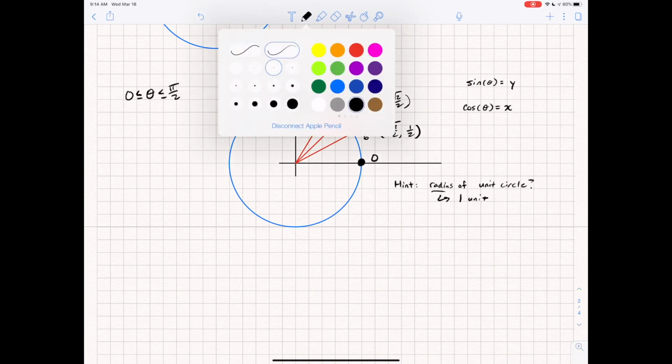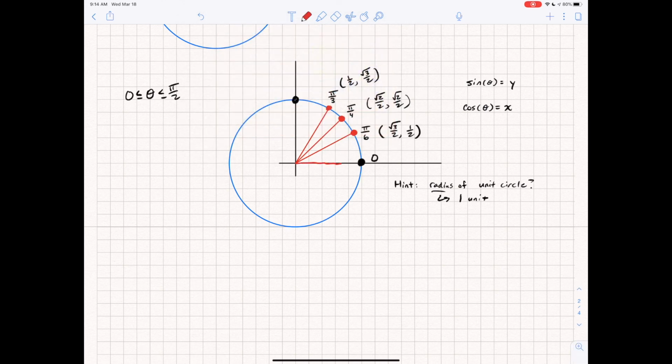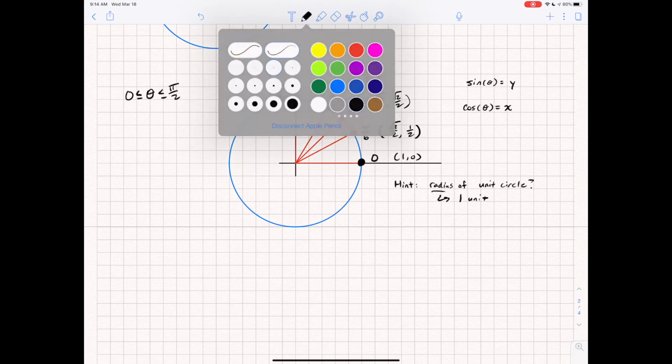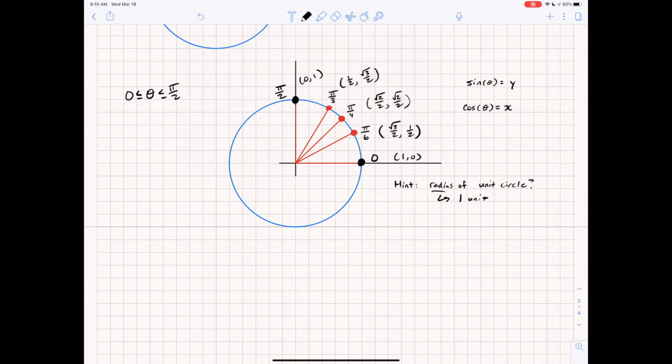This means I've taken 1 step to the right, which gives me a coordinate of 1, 0, because I've taken 1 step to the right, but no steps up or down. And if I go up here to pi over 2, it's the flip of that. I've gone 1 step vertically, but no steps to the right or left. So this ordered pair would be 0, 1.